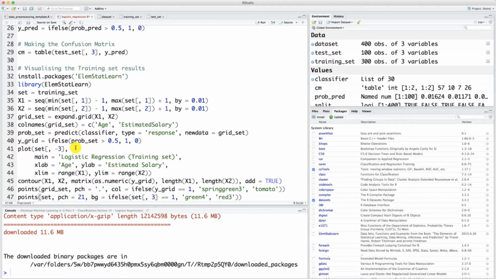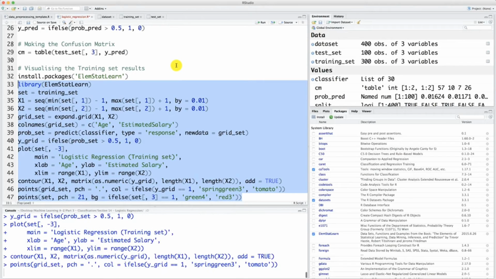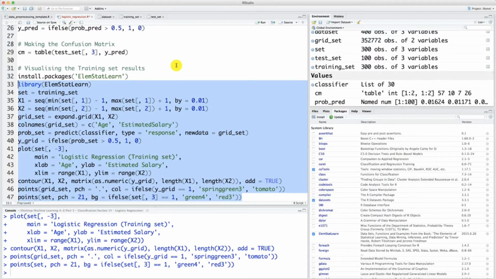And I will explain this idea. That means I will explain how this code works at the end of this tutorial. But for now, let's select this code and let's see what happens. So Command and Control plus Enter to execute, and let's wait. It's taking a little time, that's normal, but it's going to plot something.